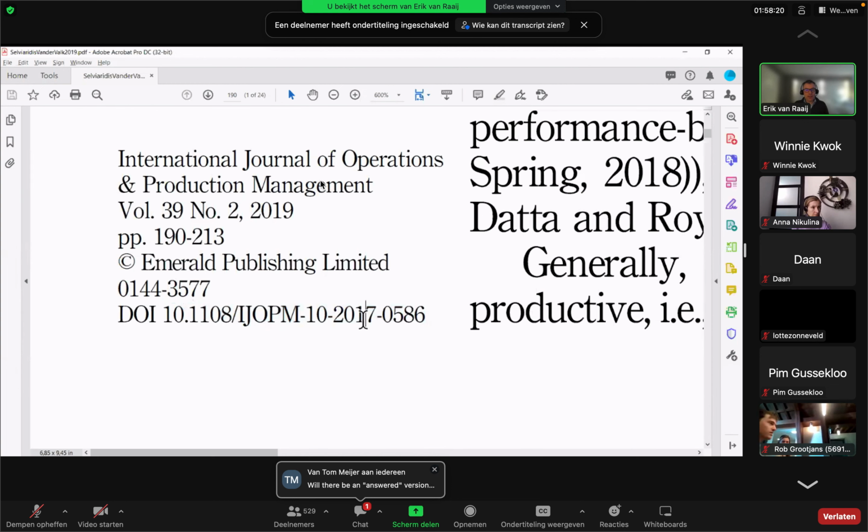And you actually see here hidden in the DOI is the year of submission, 2017. Hidden is the name of the journal, International Journal of Operations and Production Management. But DOIs can also be only numbers. There is no rule how it should be set up. The only thing you know is that it's unique. And once an article is finally published, you will see a volume number, an issue number, and page numbers.